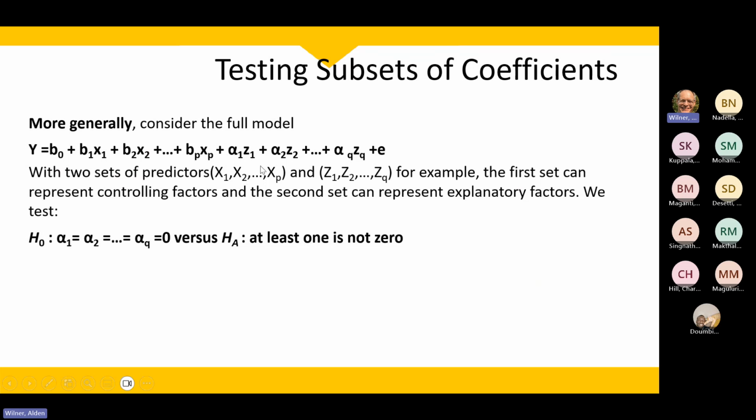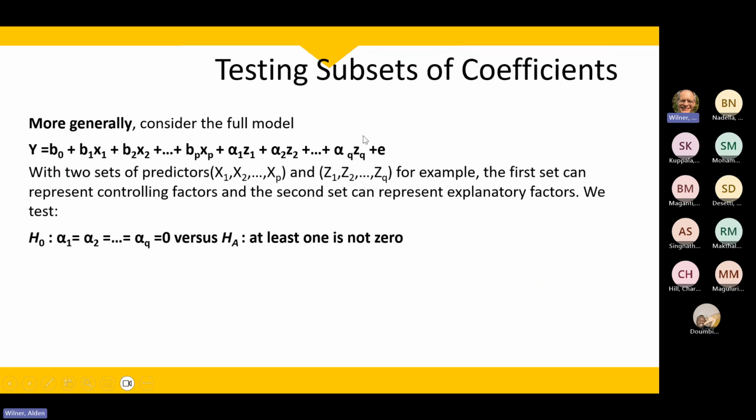We're going to ask ourselves, do any of these new features contribute significantly to the model, right? So we can start off with a model with just one feature. Then we add another feature in and say, does it contribute? Yes or no, right? And so H0 is that alpha 1 equals alpha 2 equals up to alpha q.